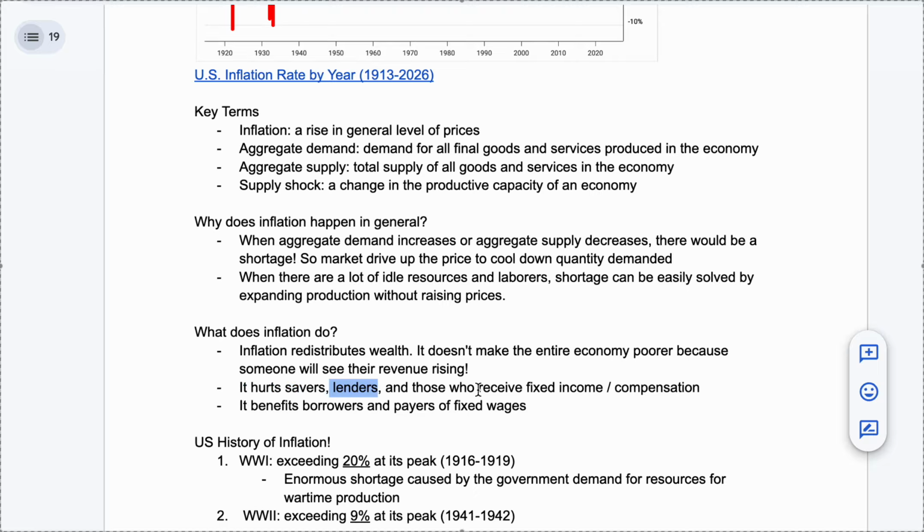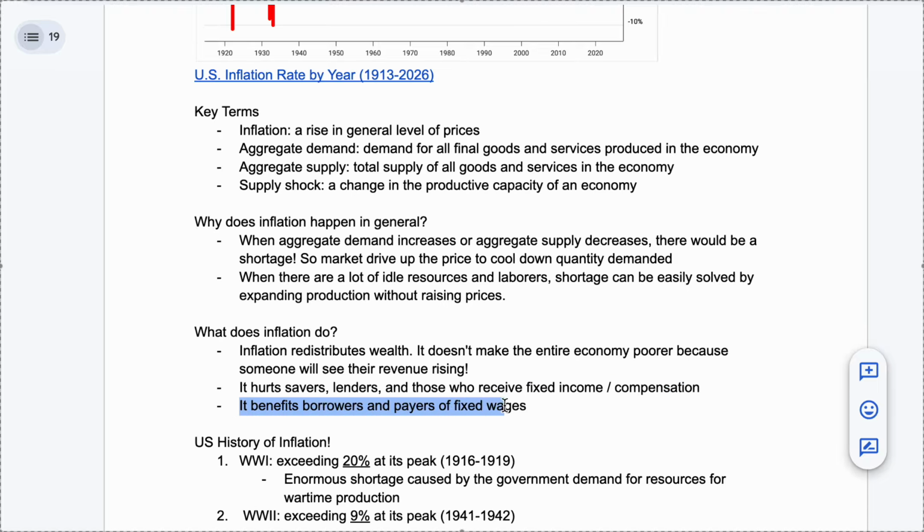Imagine people who receive a fixed amount of income all the time. Let's say if inflation is 5%, but the income stays the same, meaning the growth of income is 0%. The purchasing power of the income that they receive gets weaker and weaker. They can buy less stuff with that fixed money. So that is tragic for those people.